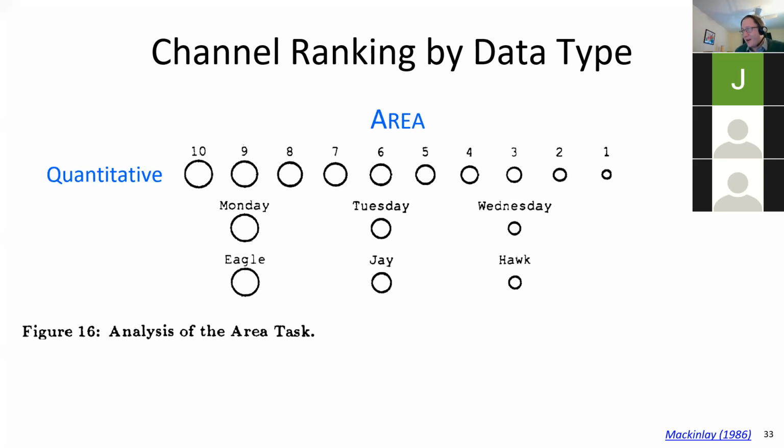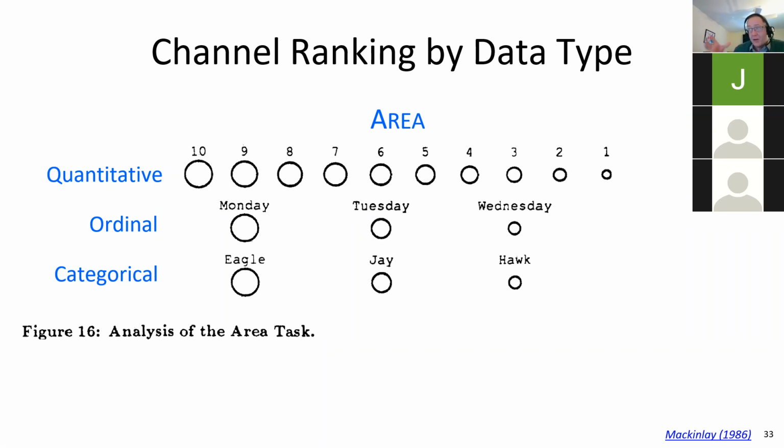They tried different sizes of these dots for quantitative data. They're calling this ordinal, although I'm not sure I would, with small, medium, large for ordinal data, and something that is categorical. The difference between an eagle, a jay, and a hawk has no real ordering here.